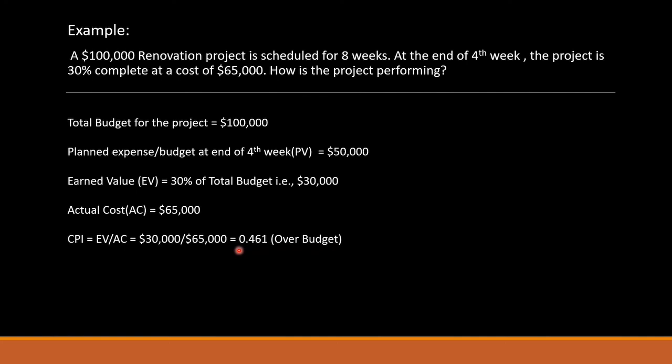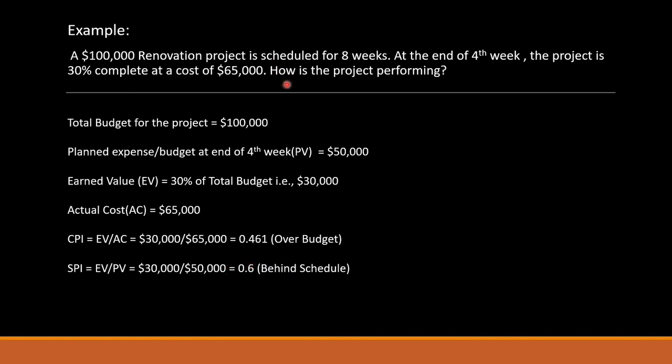This means our project is over budget. Similarly, let's find SPI. SPI is equal to earned value over planned value, which comes out to be 0.6. Again, the SPI is also less than 1. This means our project is behind schedule.